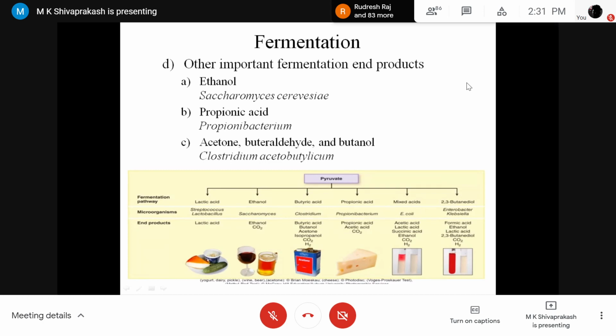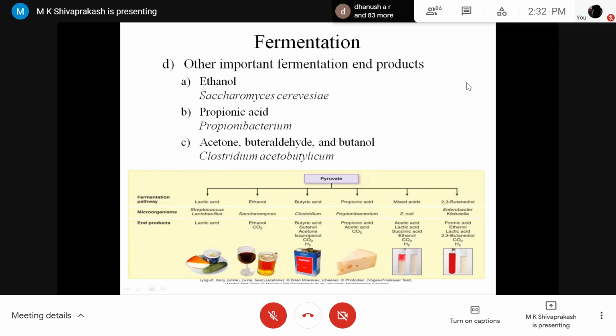Below you have many examples of the fermentative organisms and their products. Streptococcus, Lactobacillus, and even Leuconostoc are made use of in the production of curd, yogurt, cheese and so on, and in the production of varieties of fermented vegetables like sauerkraut, pickles, and fermented sausages.